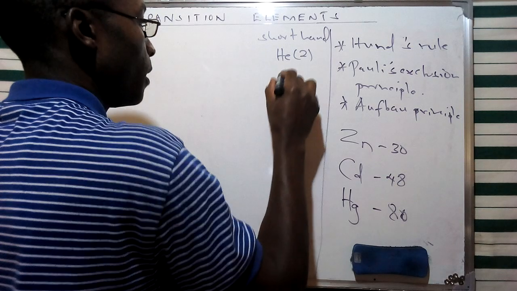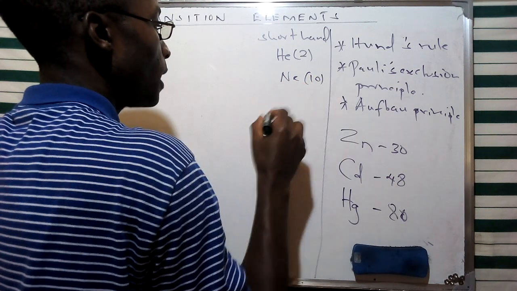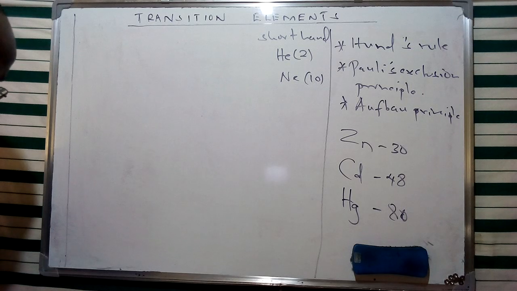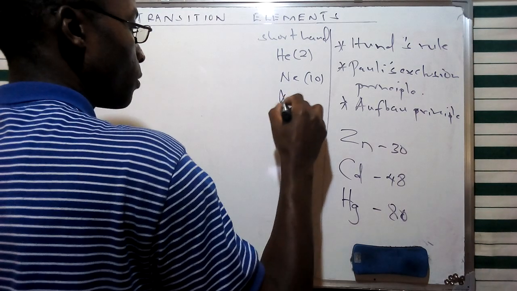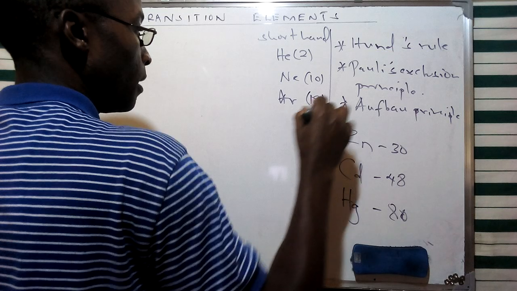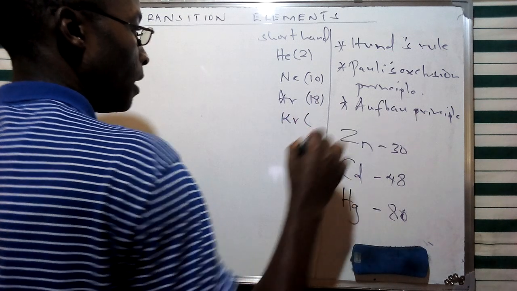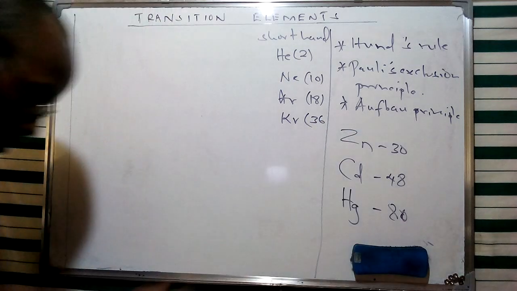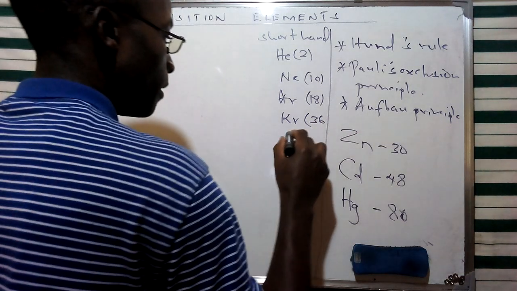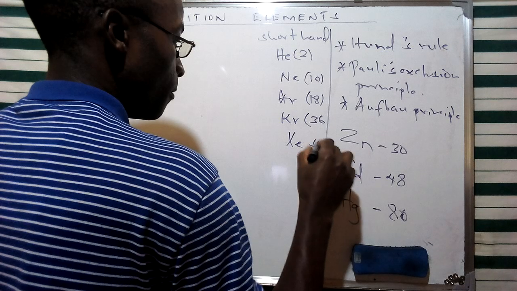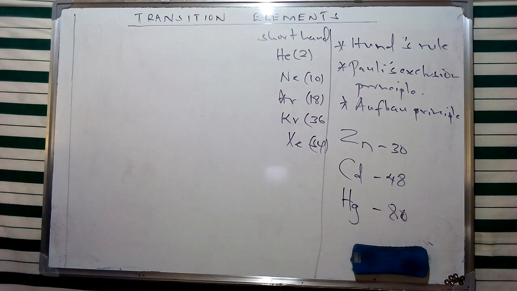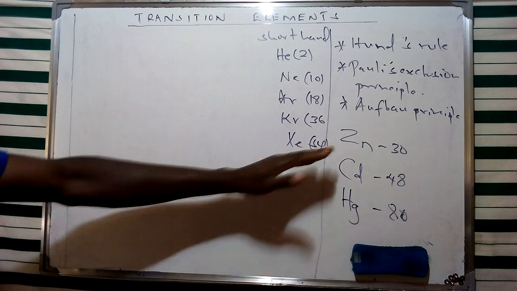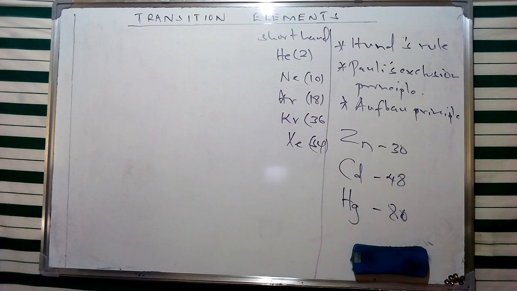We shall have neon having 10, argon having 18, then krypton having 36, and then xenon having 54. These are going to assist us in assigning shorthand forms of this specific configuration.